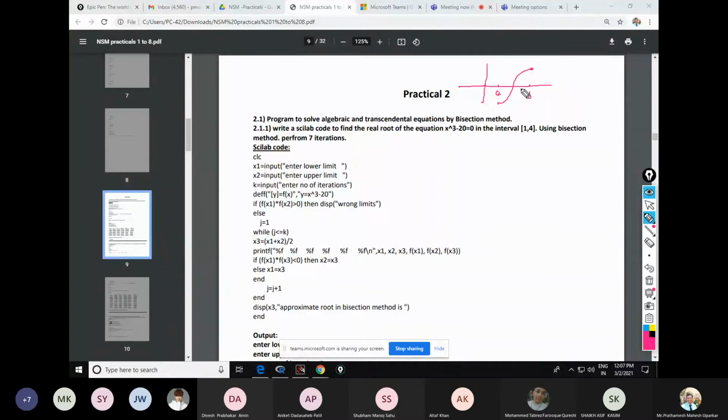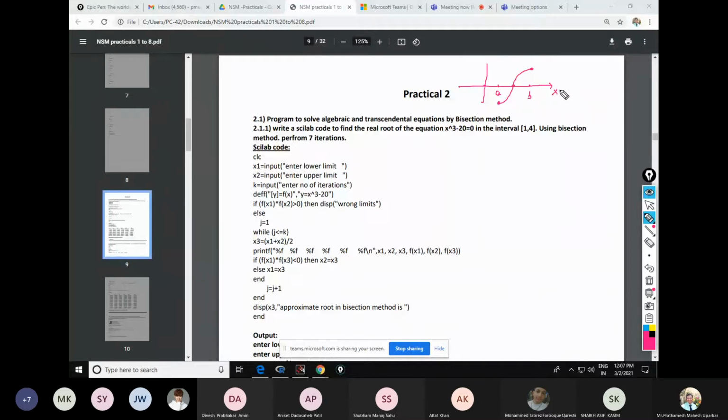In this format, can I say that the graph of the function passes through at least one point between A and B where it intersects the x-axis?